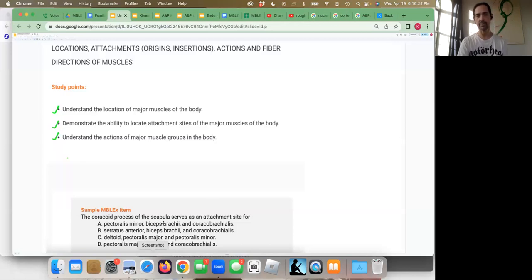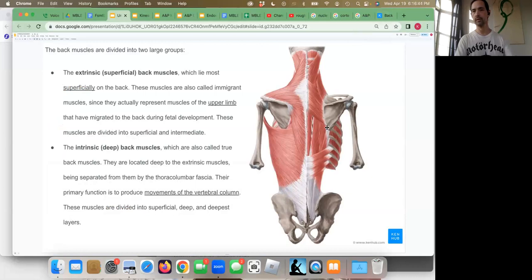But some of these things are going to be tricky, and other attachment sites are going to be very straightforward. You're going to have to pay attention to medial and lateral when it comes to the scapula. So questions I've seen have been things like for the teres, which attaches to the lateral lower border of the... let me pick a different muscle that we can look at right now.